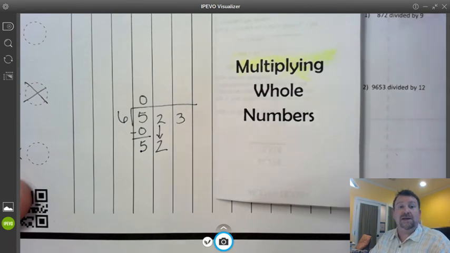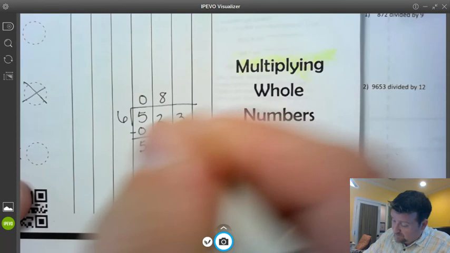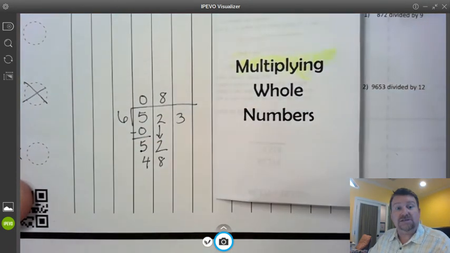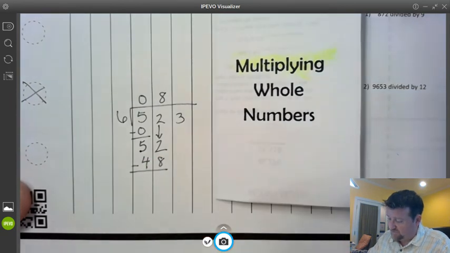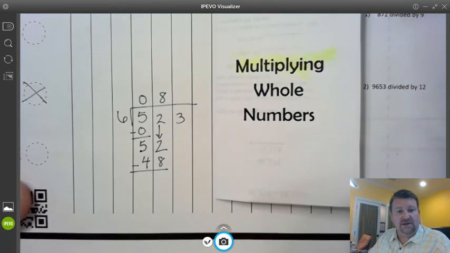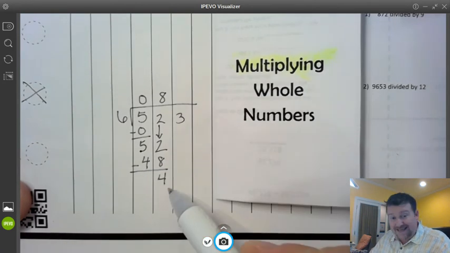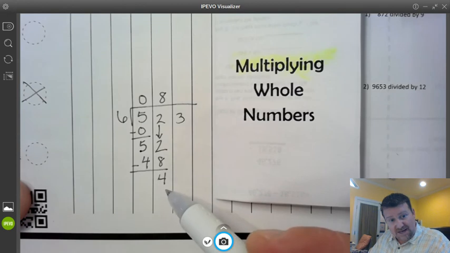52 divided by 6. Remember, we're going to get as close to 52 without going over. So I know that 6 times 8 is 48. That's going to get me as close to 52 without going over. So now we subtract. 52 minus 48 is 4. Is the 4 less than the 6? If yes, we continue.